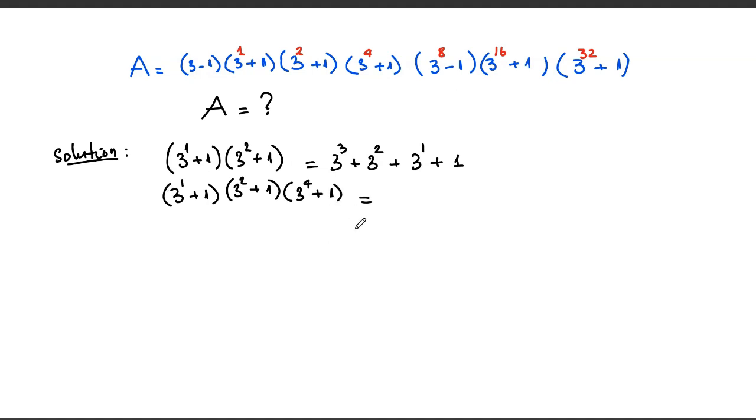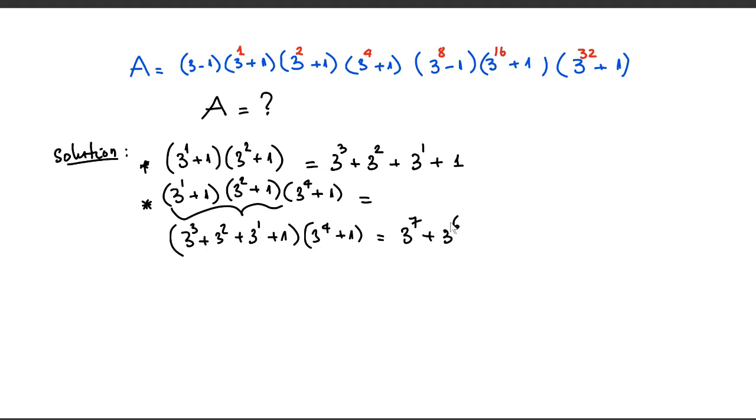I want to replace the first two factors with 3 cubed plus 3 squared plus 3^1 plus 1, times (3^4 + 1). What do we have here? 3 cubed times 3^4, we get 3^7. 3 squared times 3^4, we get 3^6. 3^1 times 3^4, we get 3^5.